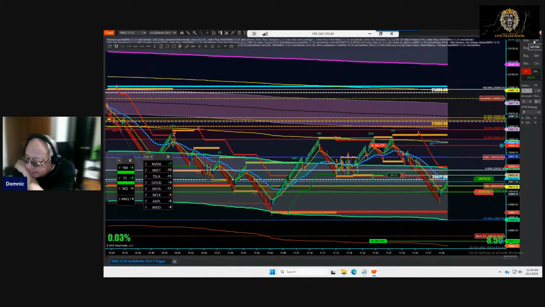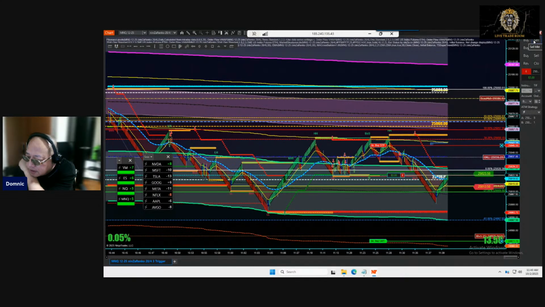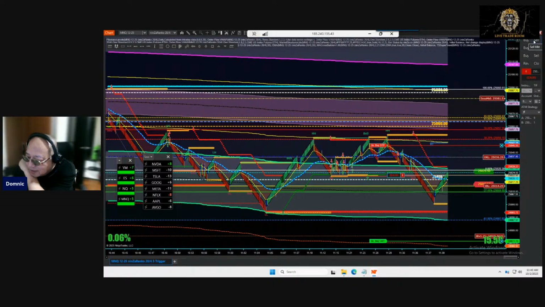Look at that. They're bouncing off the 1.5. Most likely they're going to go back up. That's what it looks like. Let's see what they go do here.